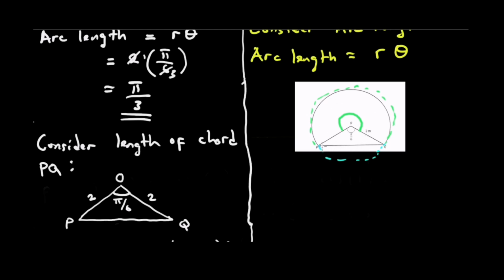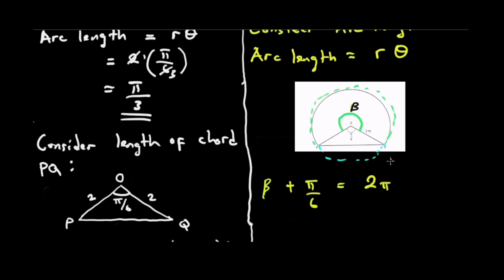So to find the arc length of the minor segment, we use pi over 6. But to find the arc length of the major segment, we use the angle on the outside. Let us give this angle a name, say beta. We want to know beta. This angle beta plus pi over 6, which is angle E, should give a complete revolution, which is 2 pi.